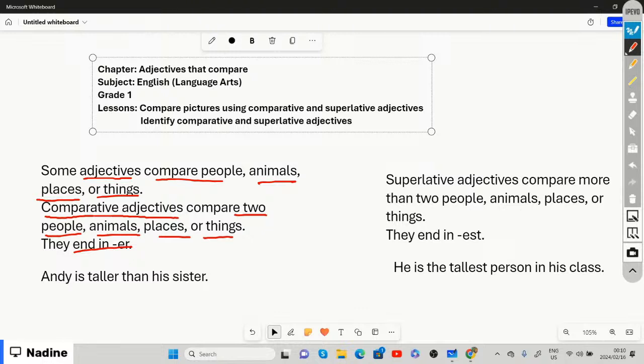And then we have a superlative adjective. A superlative adjective compares more than two people, animals, places, or things. And since we are comparing more than one person, animal, place, or thing to one another, they need to end in est.